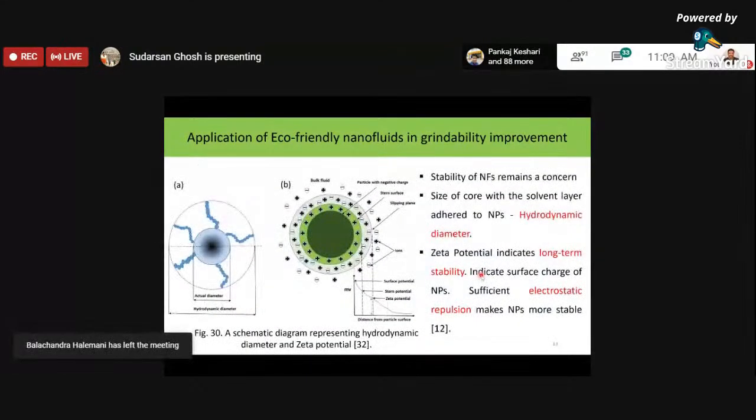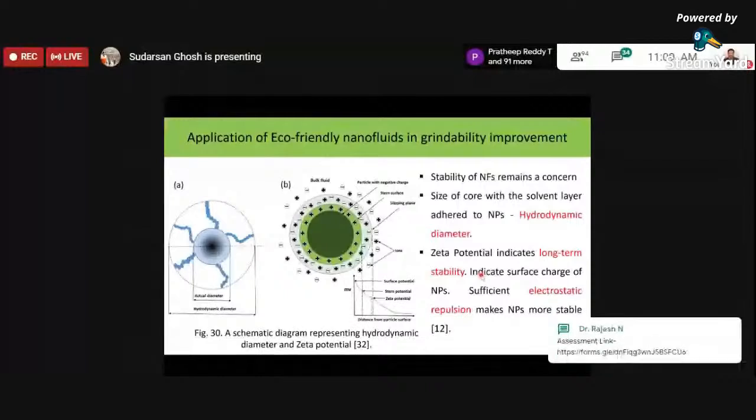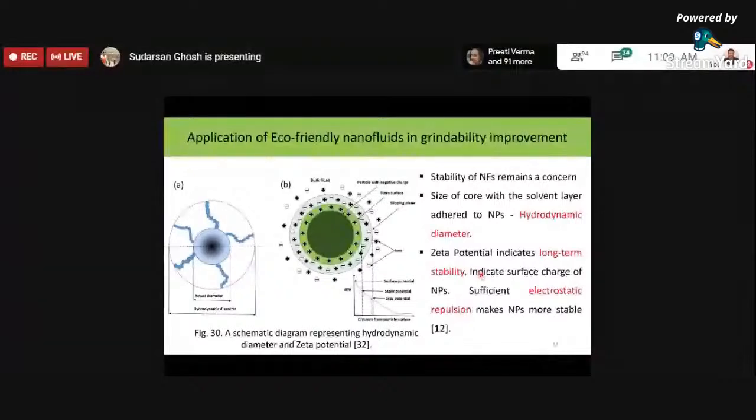Now, one important thing: when you have prepared the nanofluids, you have just mixed nanoparticles and some fluid. Whether it has really resulted in a nanofluid formation needs to be cross-checked and corroborated with further experiments or characterization of the fluids developed.